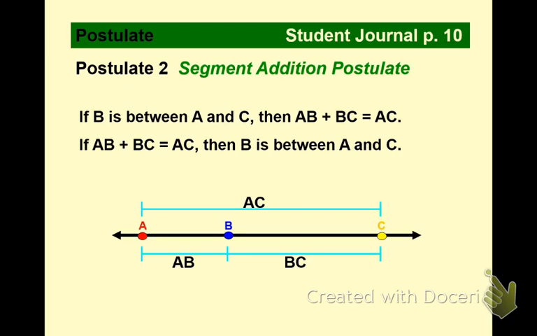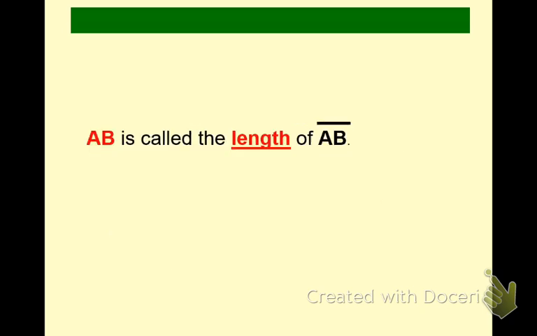And I might actually pause for a second. Something to write on the side. If you noticed, it said all of those line segments and they didn't have a line above. Whenever there's not a line above, it means the length of. So instead of writing out the length of line segment AB, it's going to put AB with no line above it. I'll show you why. Give me a number. 5.